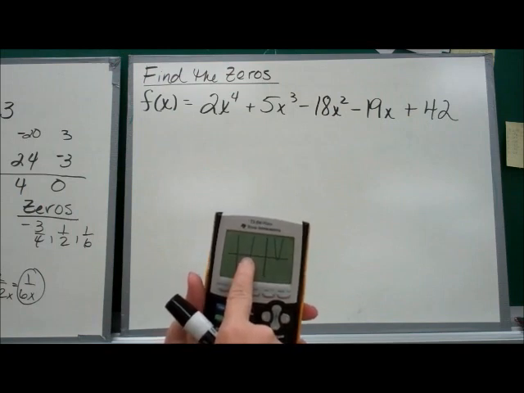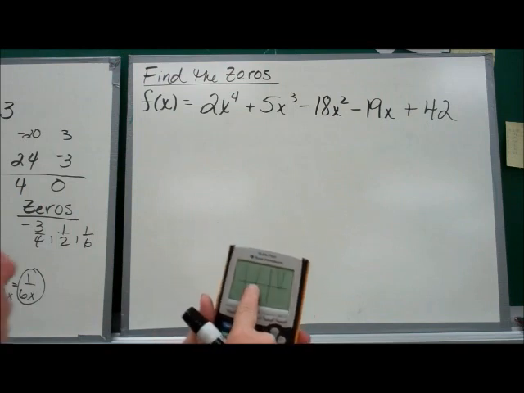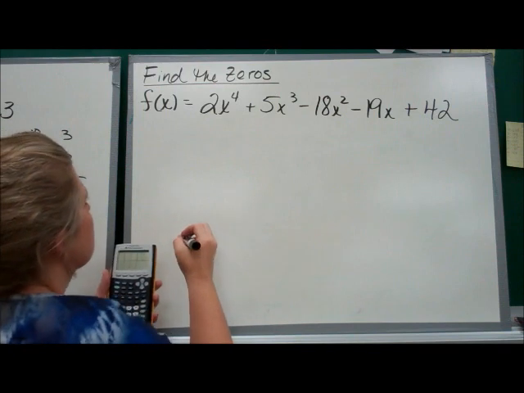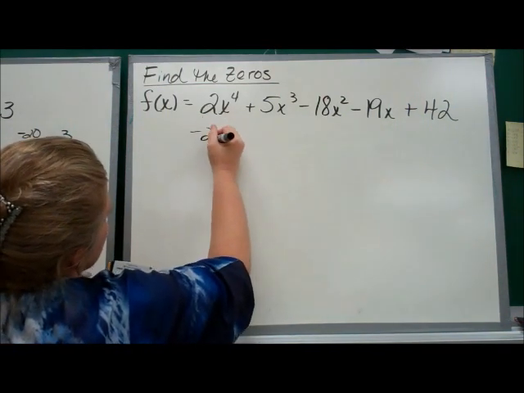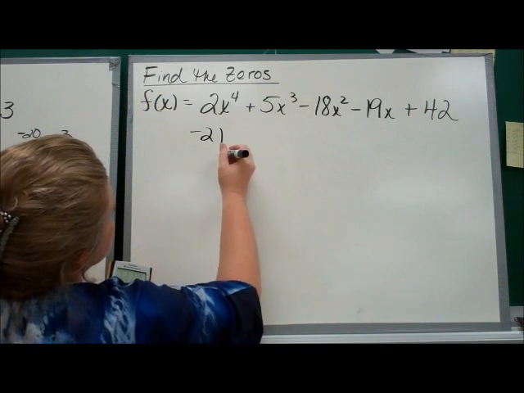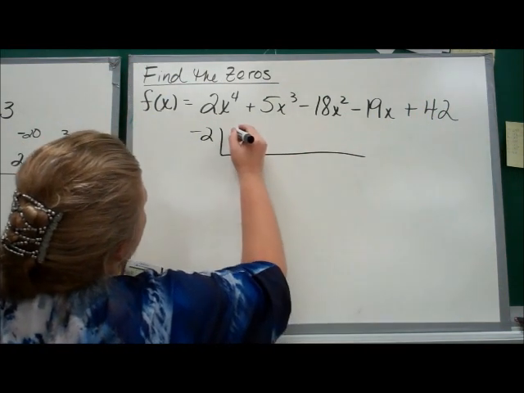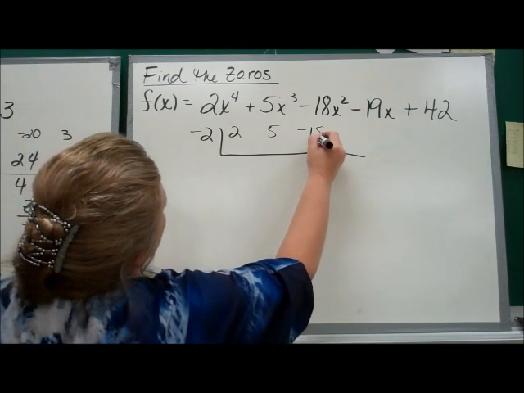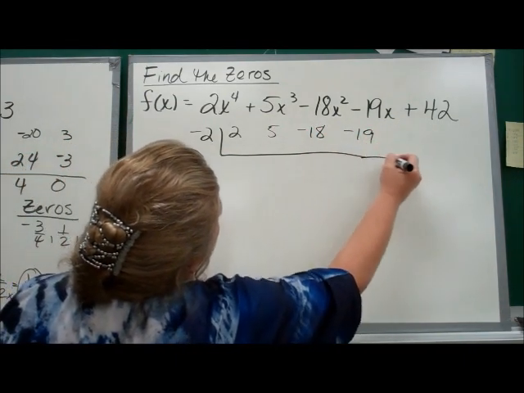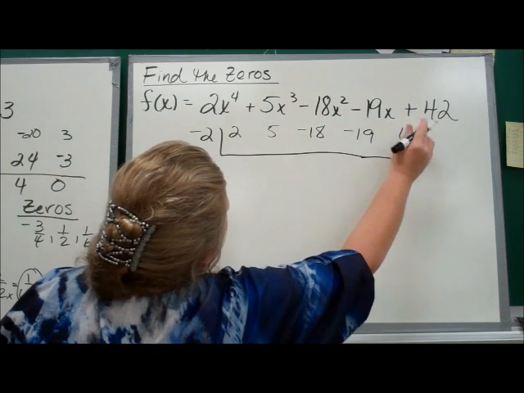So I'm going to do synthetic division and see if it works. So synthetic division at -2. I've got 2, 5, -18, -19, and 42.